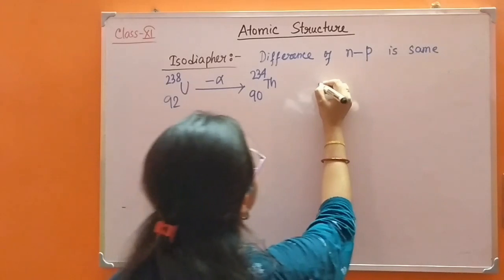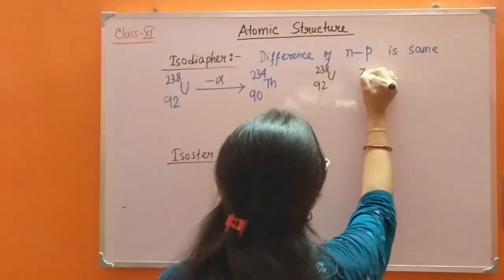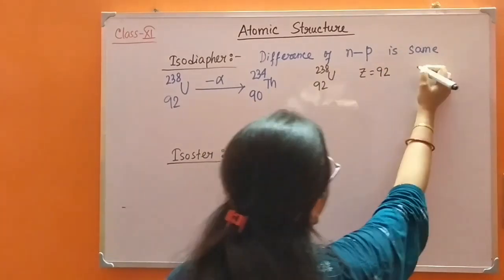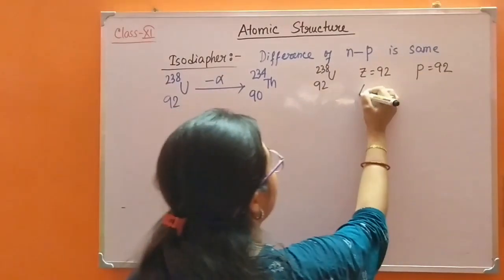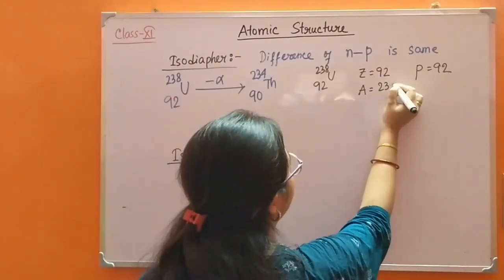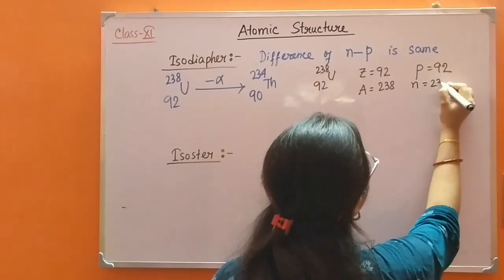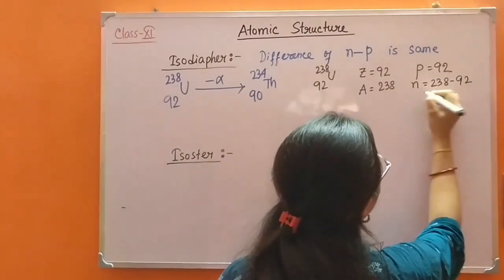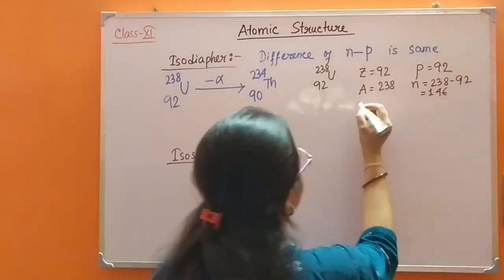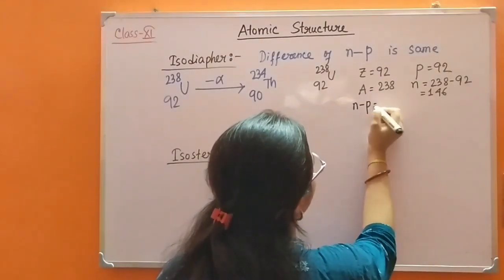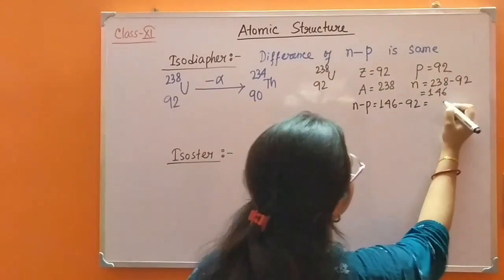In the case of uranium, Z equals 92, so the number of protons is 92 and mass number A equals 238. So the number of neutrons equals 238 minus 92 equals 146. Now neutrons minus protons equals 146 minus 92 equals 54.